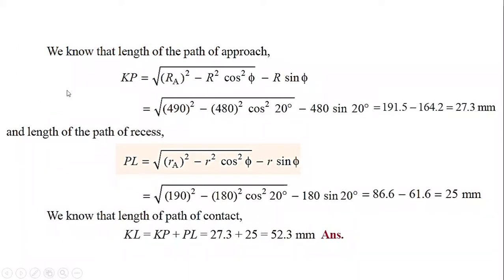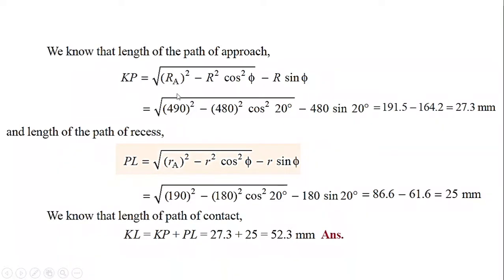Now, length of path of approach KP equals square root of RA squared minus R squared cos squared phi, minus R into sin phi. In the examination, you have to be aware that the square root extends only up to cos squared phi. Solve this carefully in the examination.